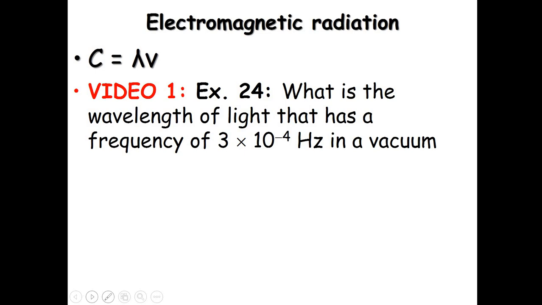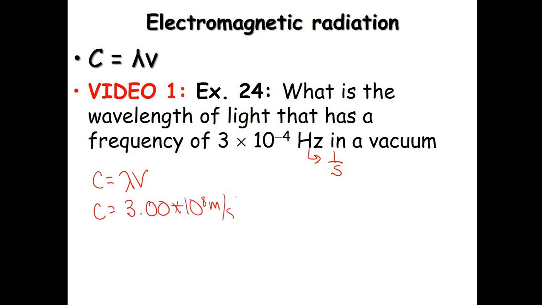So we're going to go over a problem on how to calculate this. It's asking, what is the wavelength of a light that has a frequency of 3 times 10 to the negative fourth hertz? Remember, this is the exact same thing as 1 over s. So we're doing C equals lambda V. Well, we always know C. C is always 3 times 10 to the 8th meters per second.